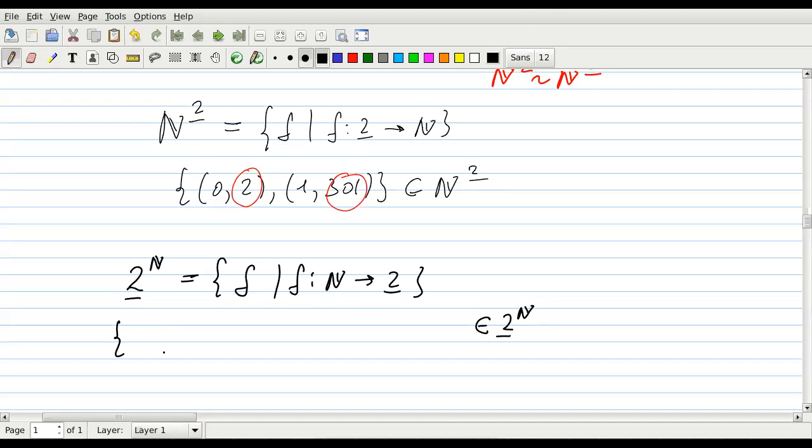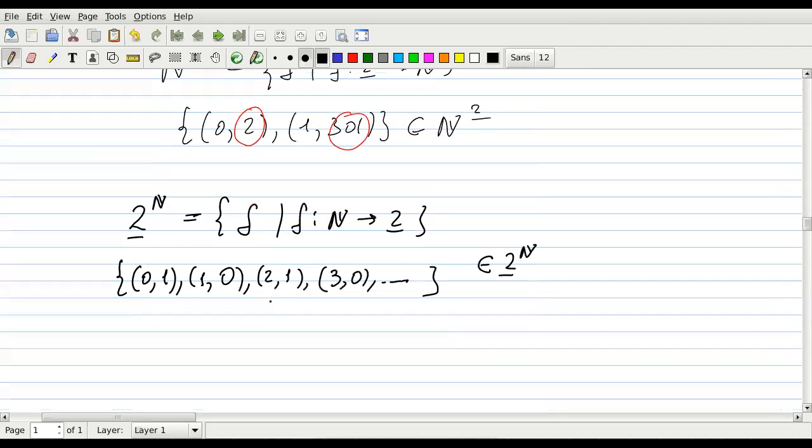As a function, it is total. Let it be 0, 1, 1, 0, 2, 1, 3, 0.